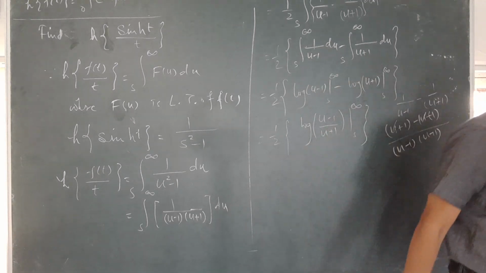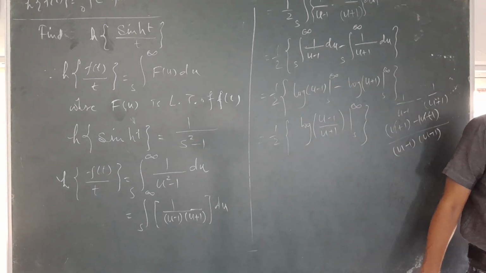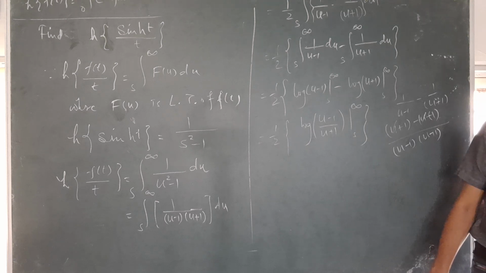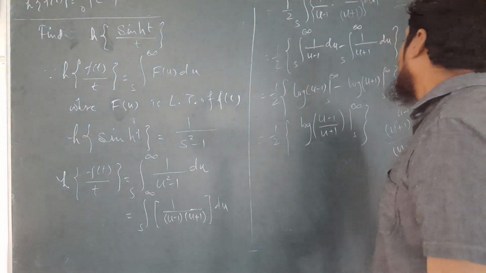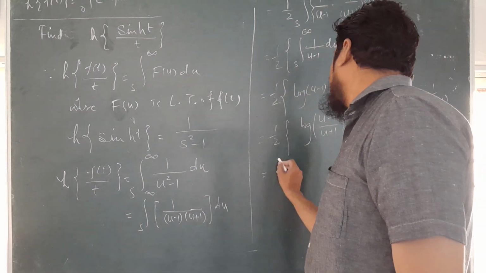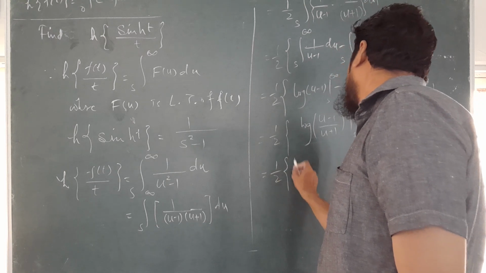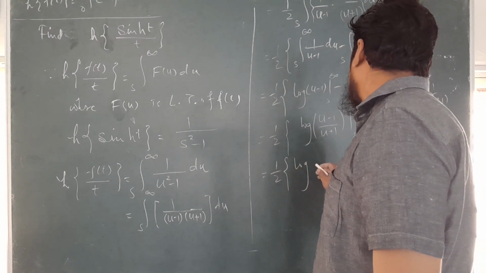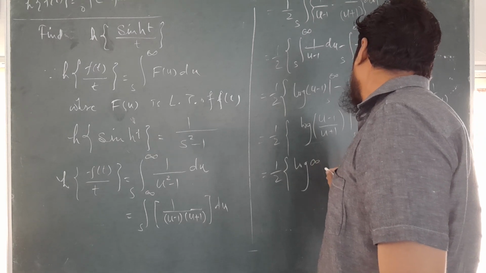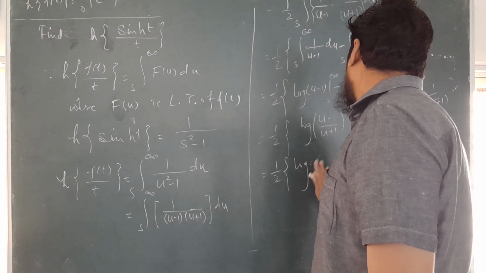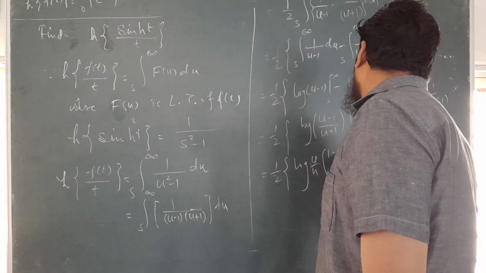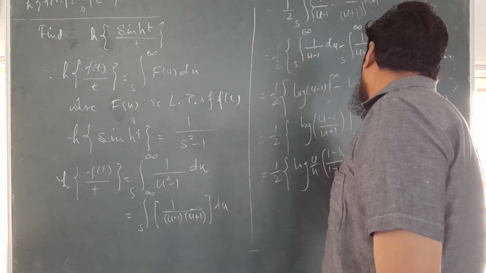And after putting the values of s and infinity, we can write it as 1 upon 2 log of u upon u, 1 minus 1 upon u and 1 plus 1 upon u.